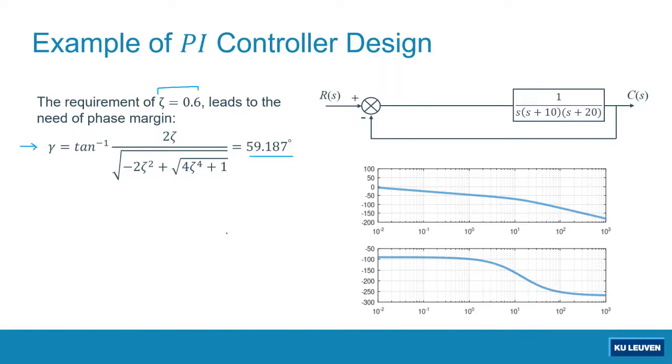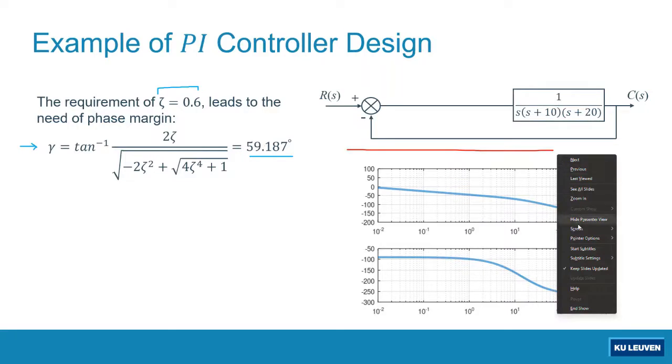Phase margin is observed from the Bode diagram of the open loop transfer function in our unity feedback system. For that purpose, in the first place, I have to plot the Bode diagram of the open loop transfer function.